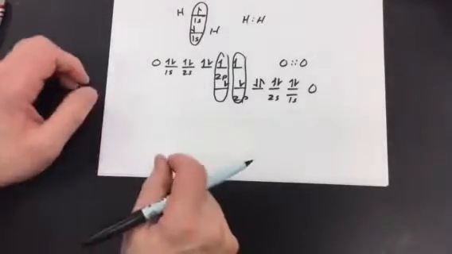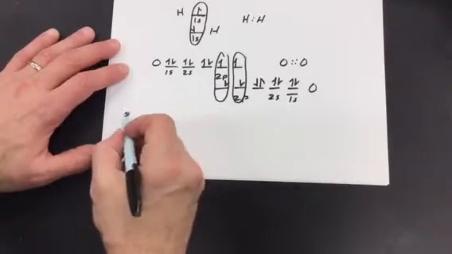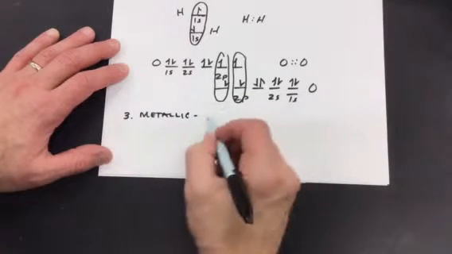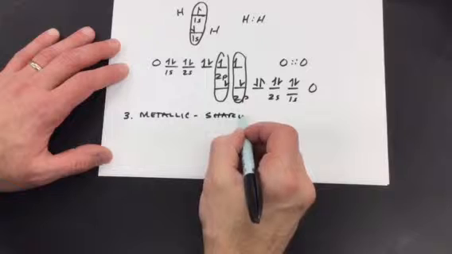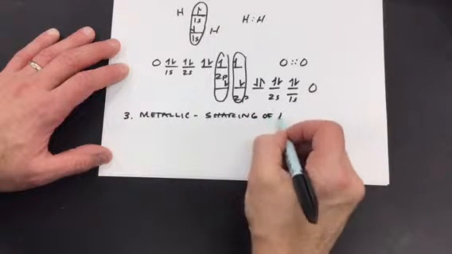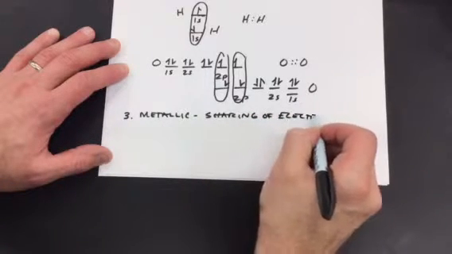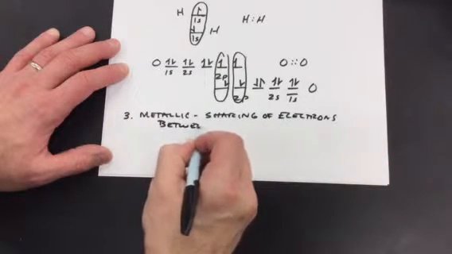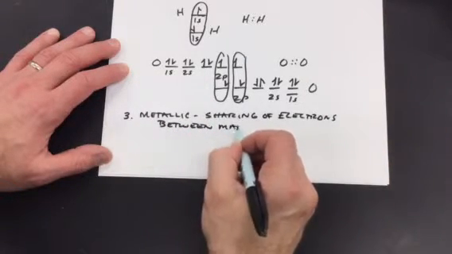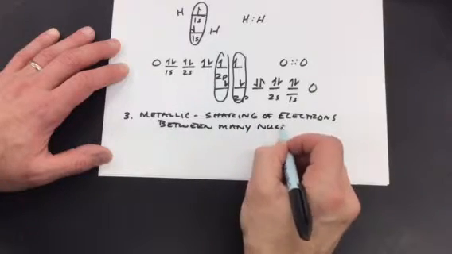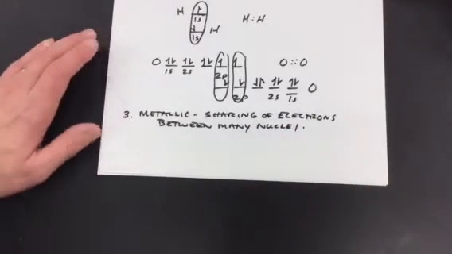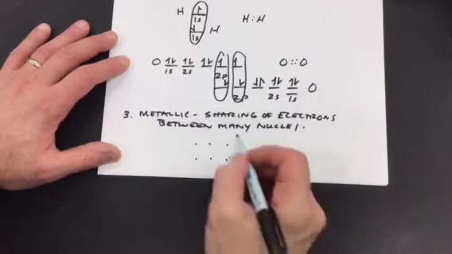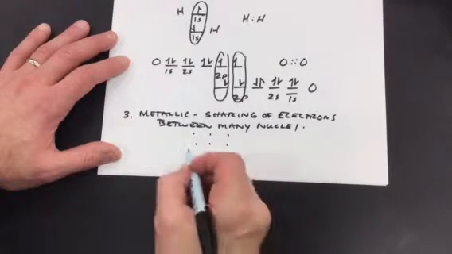We're talking about ionic, we're talking about covalent, and of course there's that elusive metallic bond, which is where we see the sharing of electrons between many nuclei. So they're free floating. The electrons will go between the nuclei of metallic atoms, and they're free floating.